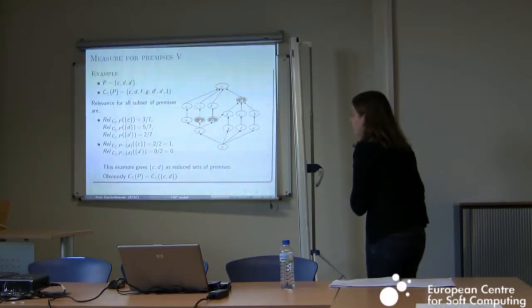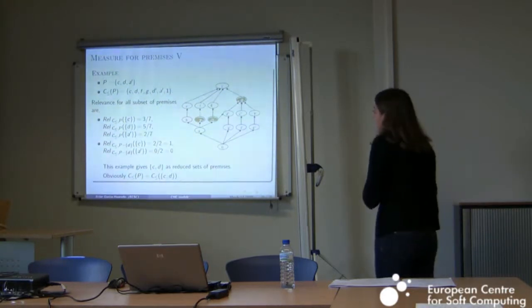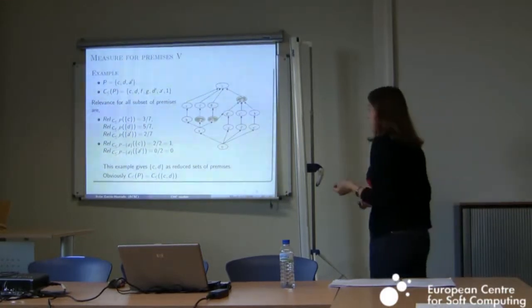So C allow us to deduce C, and F allow us to deduce two consequences divided by two consequences that are those consequences that are not consequences from D. And the relevance relative from not A is 0 because not A allow us only to deduce 1, and 1 is deduced by D, so it don't give us any information.